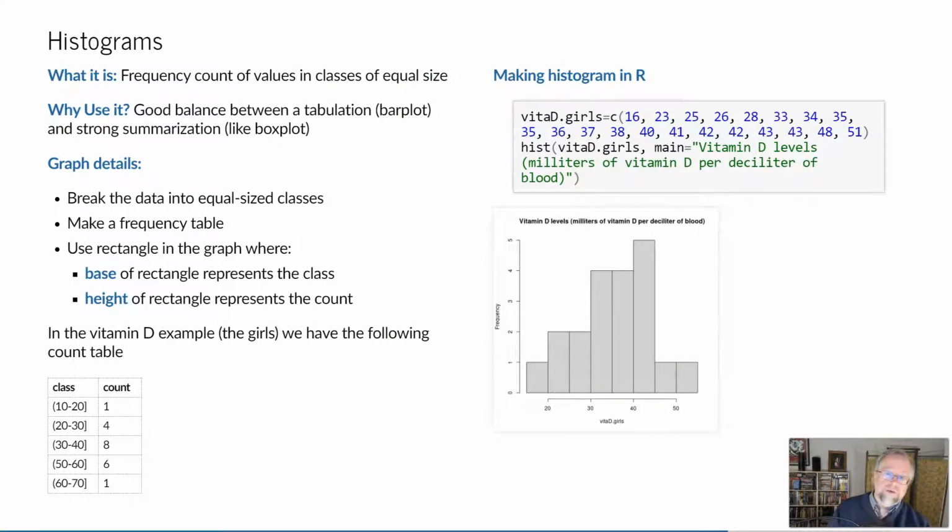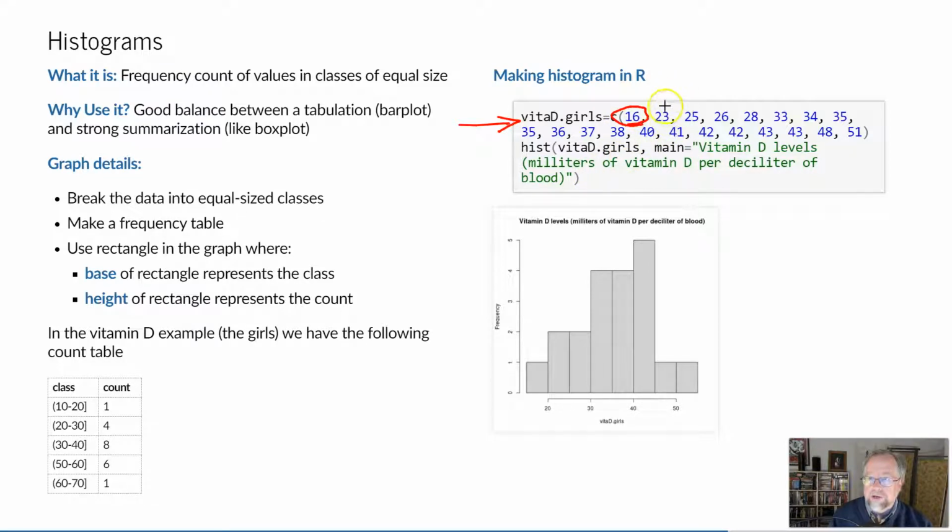Okay, so the next graph on our tour are histograms. So we'll use the same data sets. And we're going to break them up into equal-sized intervals, 10 to 20, 20 to 30, 30 to 40, 50 to 60, 60 to 70. So how many of the values are between 10 and 20? Just one of them. How many are between 20 and 30?